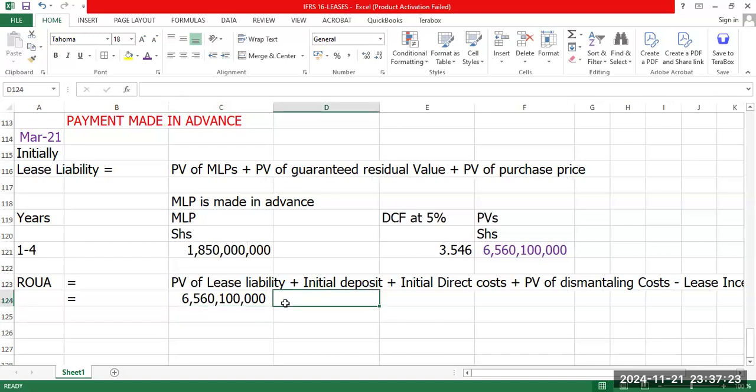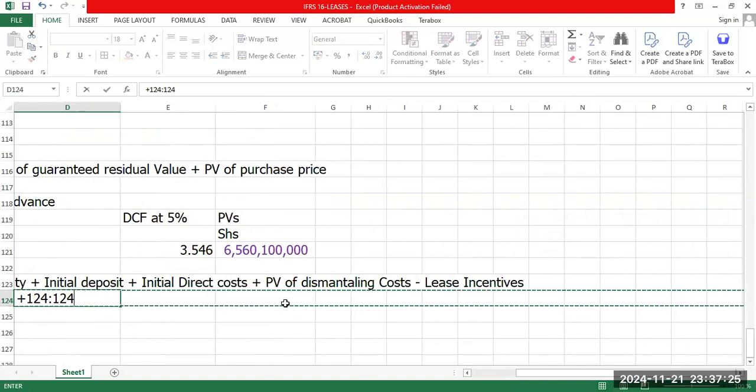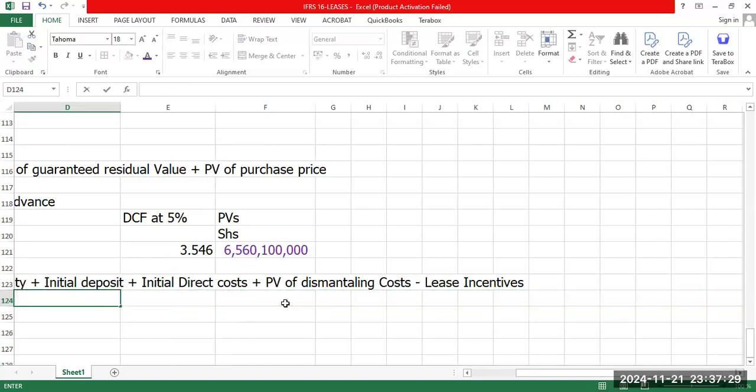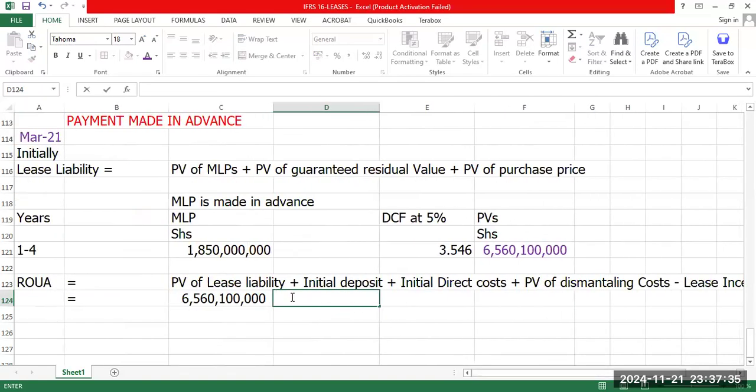I add, do we have an initial deposit? The initial deposit, colleagues, is the payment made in advance.